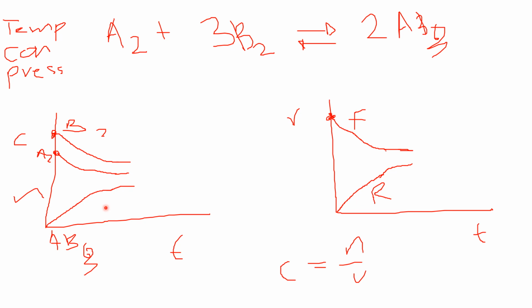So let's say, for example, this graph represents what is happening. Firstly, let's check what happens if we increase the concentration of A. On your graph, the graph of A will just move up a little bit.